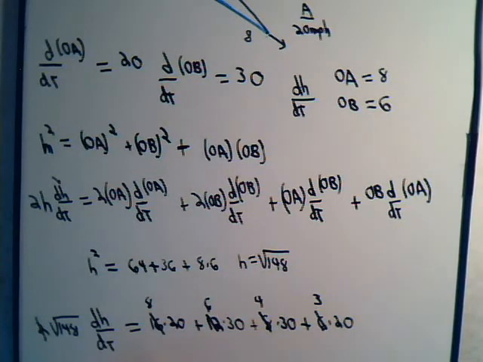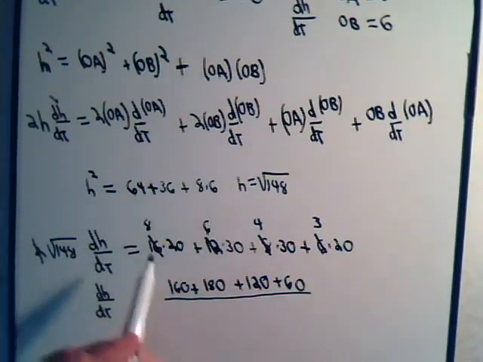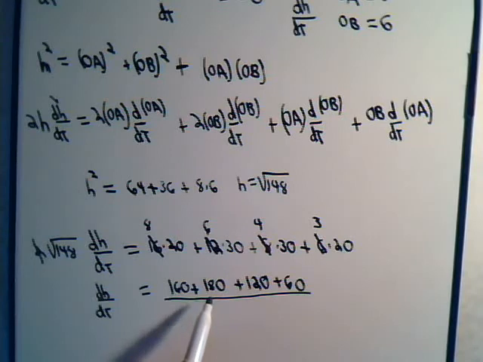So let's see, this is 160 plus 180 plus 120 plus 60, and that's dh/dt times the square root of 148. So dh/dt will equal this sum here, 160 plus 180 plus 120 plus 60.